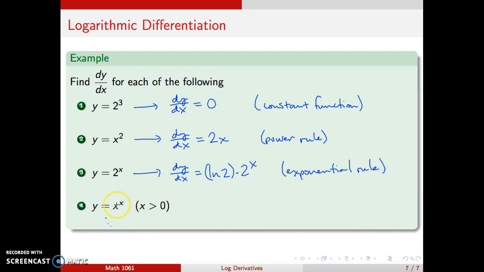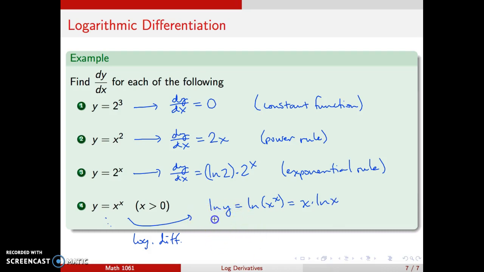And this one's tricky. It's not a power function because it's not a fixed exponent. It's not an exponential function because it's not a fixed base. So for this one, we'd have to use logarithmic differentiation. There's no way around it. It's kind of a weird, crazy function. To do that, we've got natural log of y equals natural log of x to the x, which is x times natural log of x.